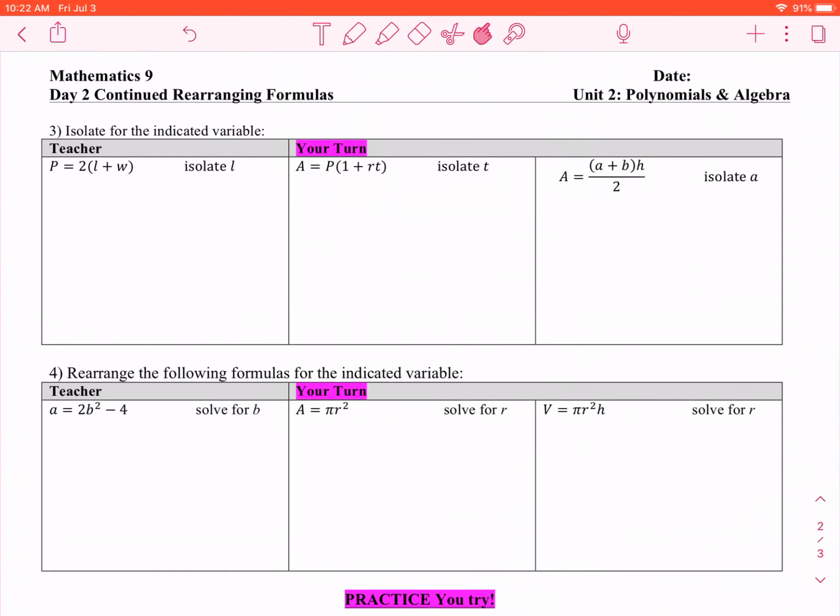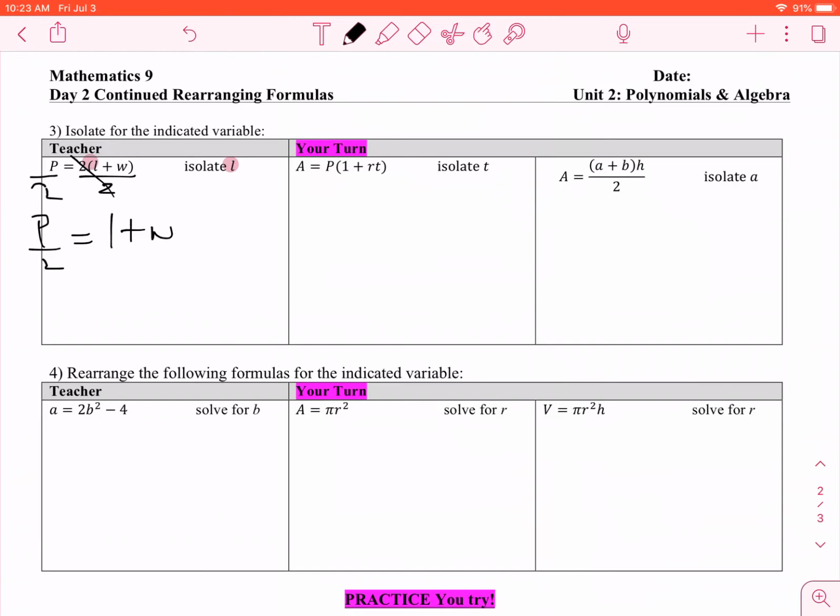For this one, okay, so number 3, we're going to isolate for L. Okay, we do have brackets, okay, so we actually need to figure out how can we isolate for L. Well, to make our lives easier, let's get rid of that 2. That's right at the beginning of the perimeter equation, 2 times length plus width. So then these would cancel. I'm left with just L plus W, P divided by 2.